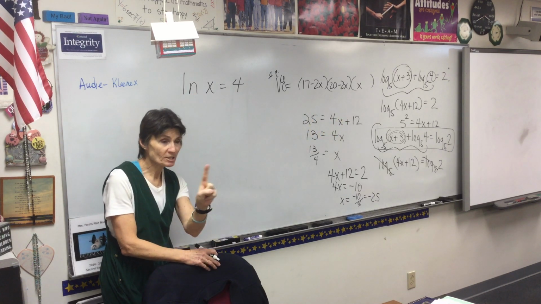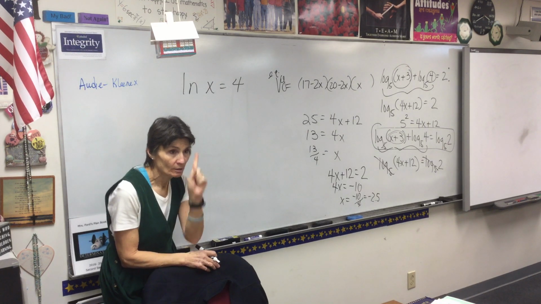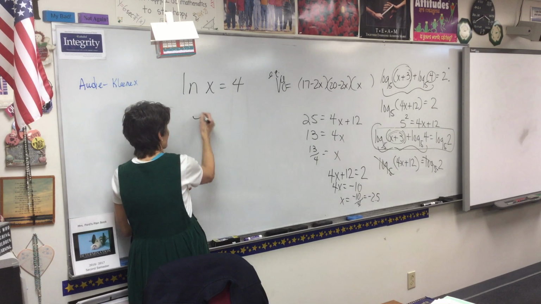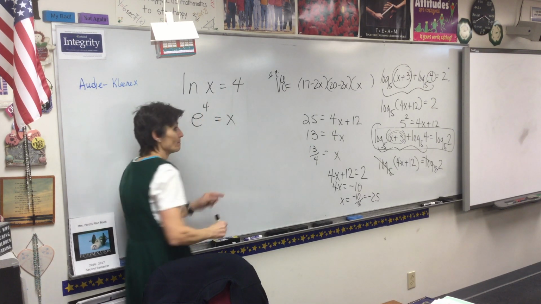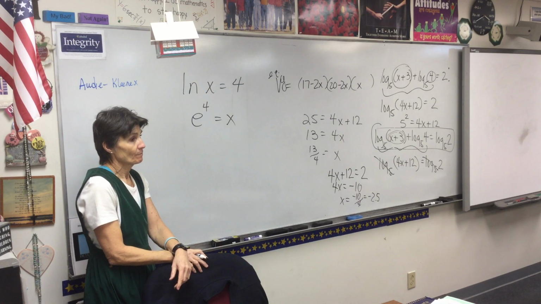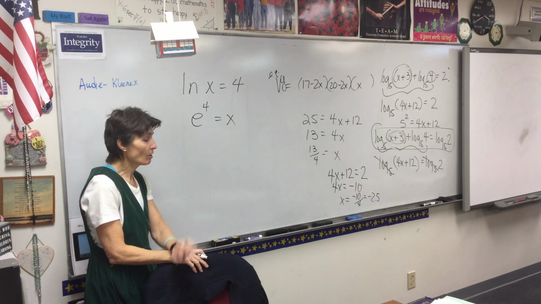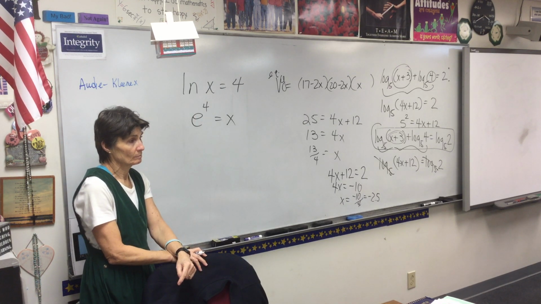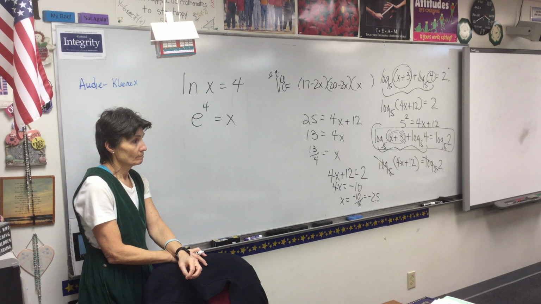And when there's just one, what do we do? Loop-de-loo. What's the base? E. So the answer to this problem is e to the fourth. It's that easy. Okay? Don't make it any harder than that. If there is one logarithm, you loop-de-loo. Okay?